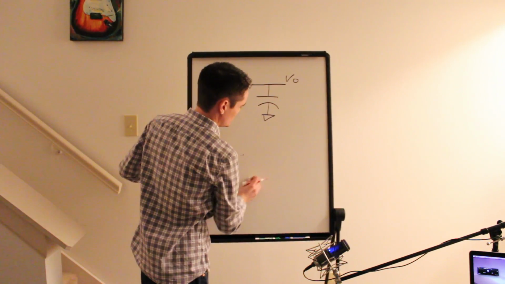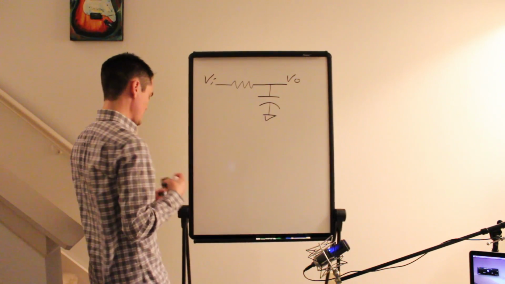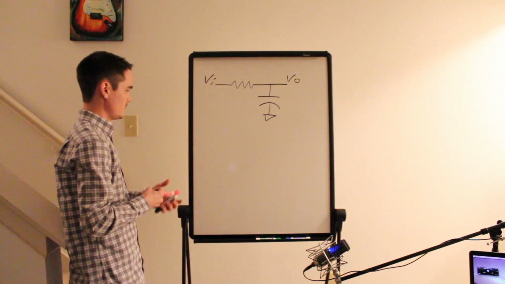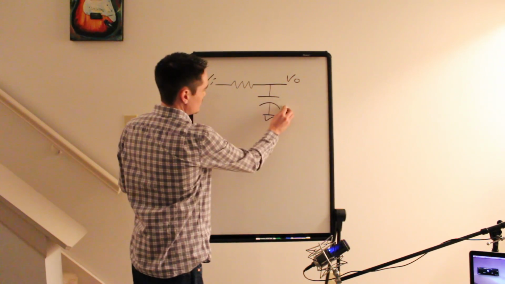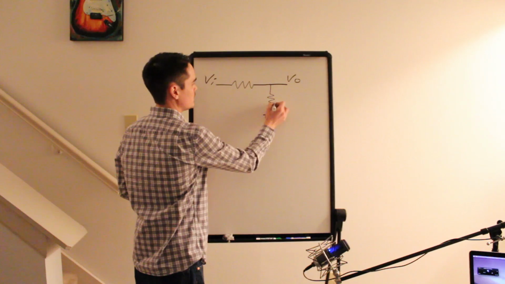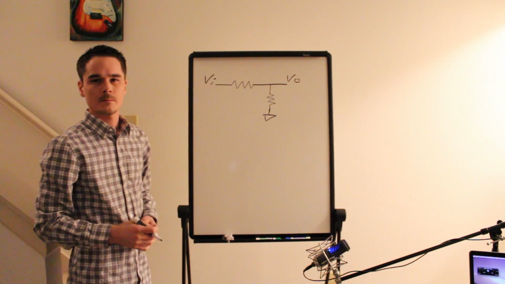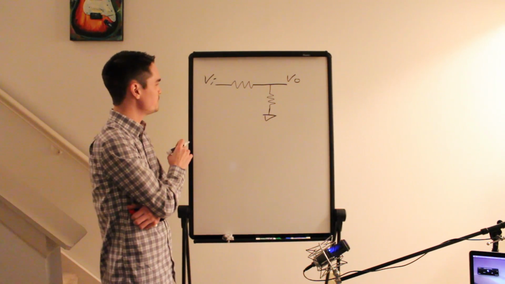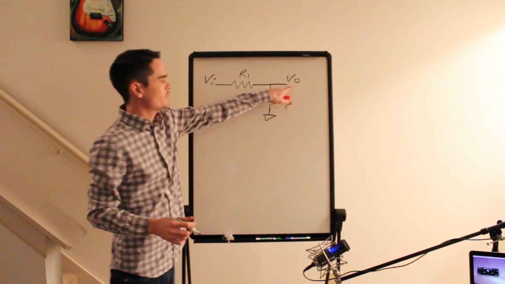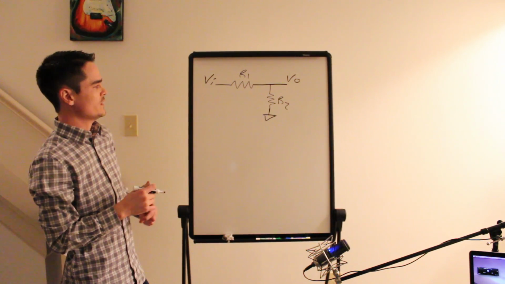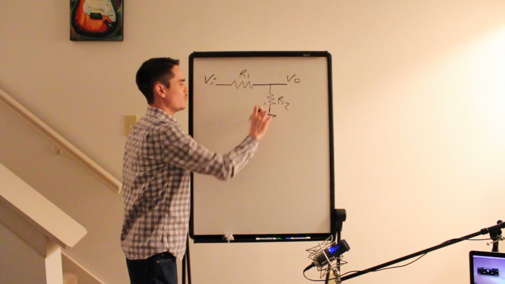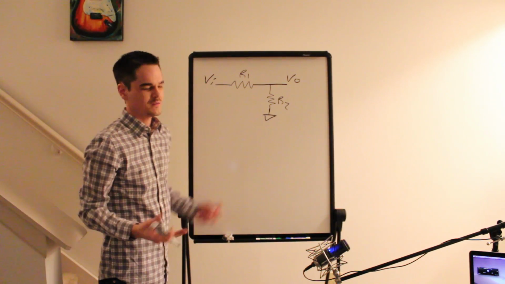All right, let's look at this circuit for a second. What does the circuit really look like? Let's replace the capacitor with a resistor. Now what does it look like? It looks like a voltage divider, right? So if we had R1 and R2, and we needed to figure out what VO is, that's pretty easy to do. Your current through R1 is equal to your current through R2, so that's pretty simple.